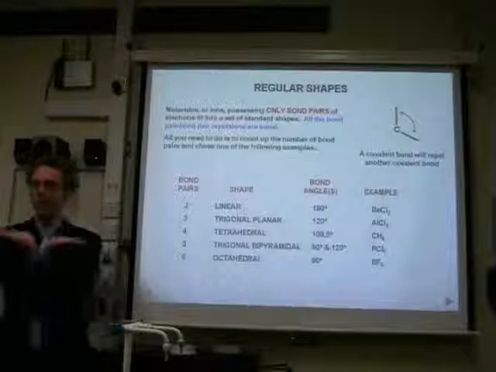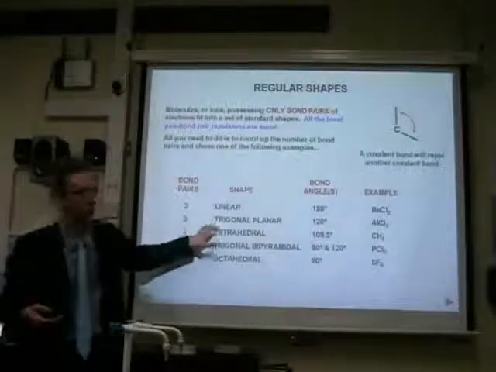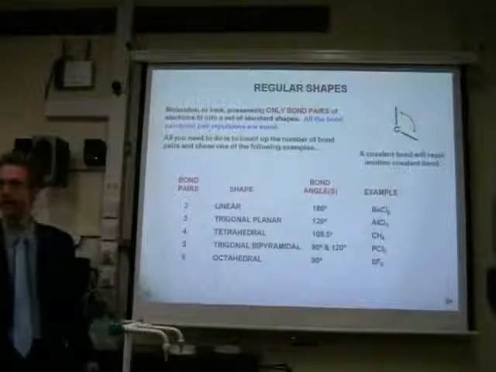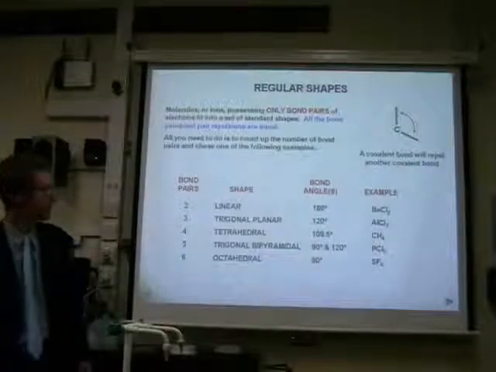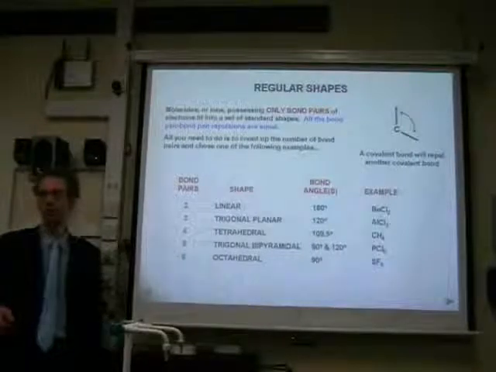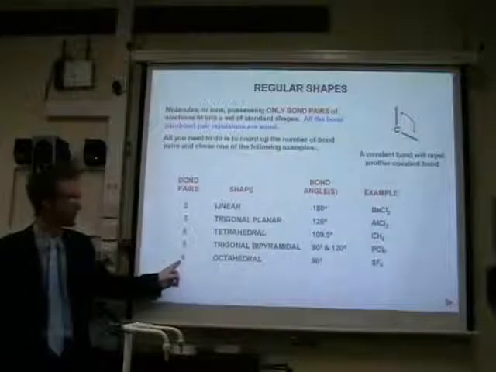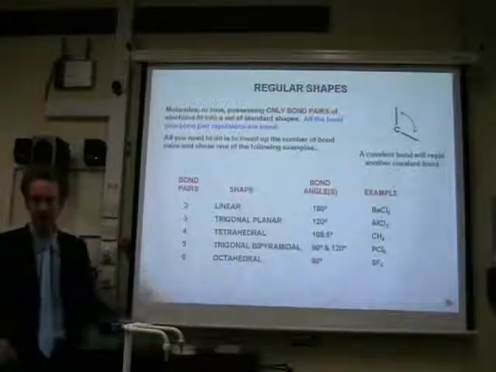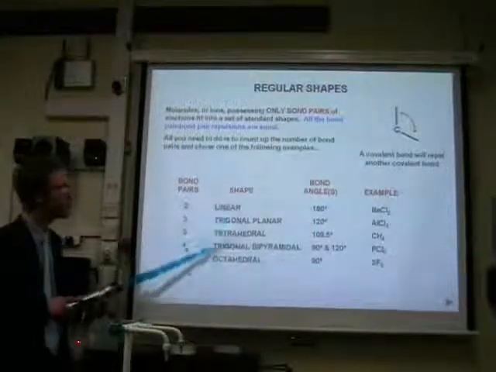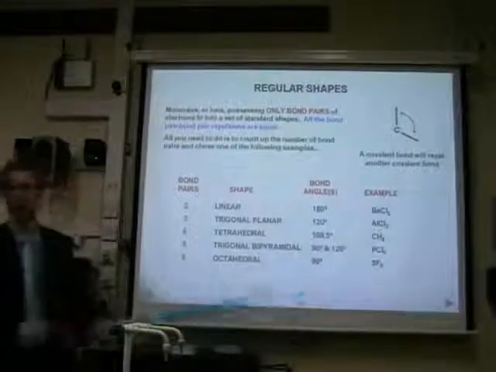That's going to be 180 degrees. It's going to be linear. If you have 3 bond pairs, it's trigonal planar. That's your Mercedes-Benz symbol. If you have 4, it's tetrahedral. 5, trigonal bipyramidal, 6, octahedral. We'll look at these structures in a bit more detail, but you are expected to know these names, these bond angles, and to be able to give an example.